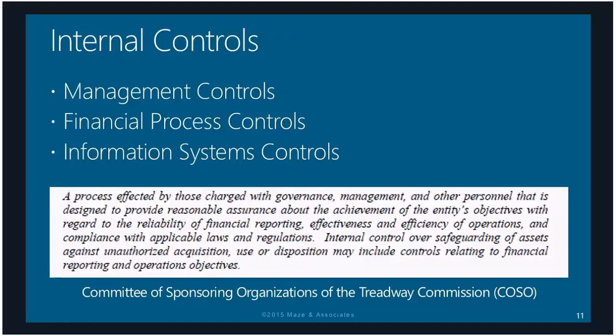And COSO, which has a framework for dealing with risk within an organization, addresses this, although it does not address IT at a very low level. It does address it from an upper management view of things. It is not silent on the issue of IT. It just doesn't get into very much detail when it deals with IT.